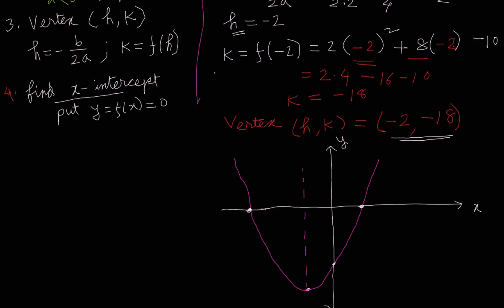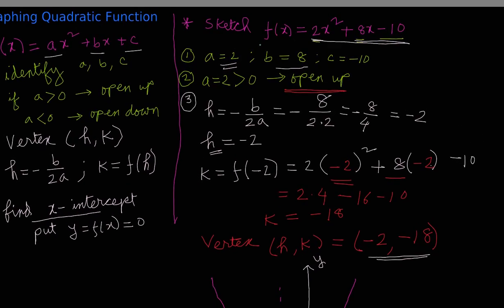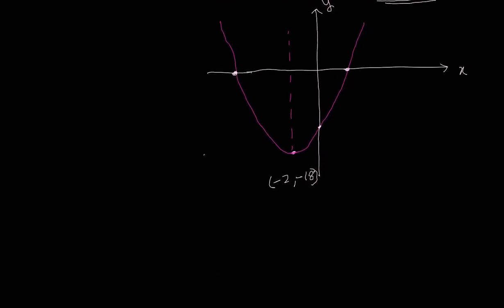Okay, now let us see for our particular problem. My function of x is 2x square plus 8x minus 10. So let me rewrite this function. This is my step number 4.